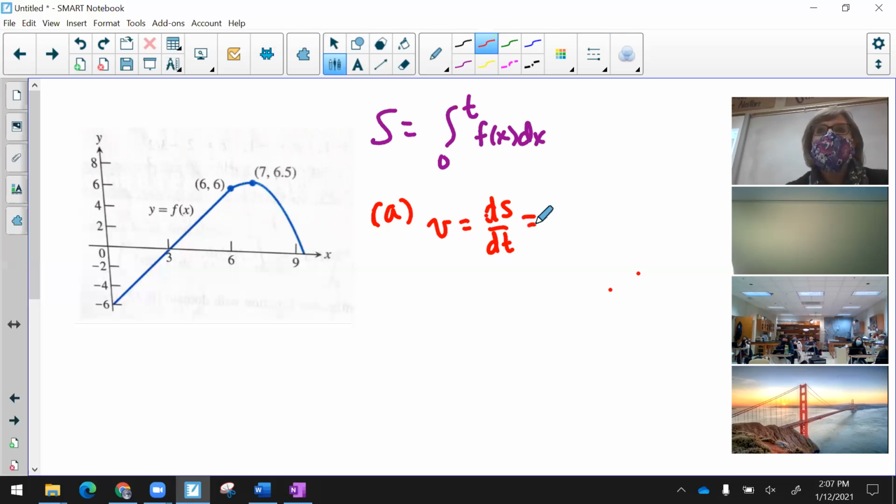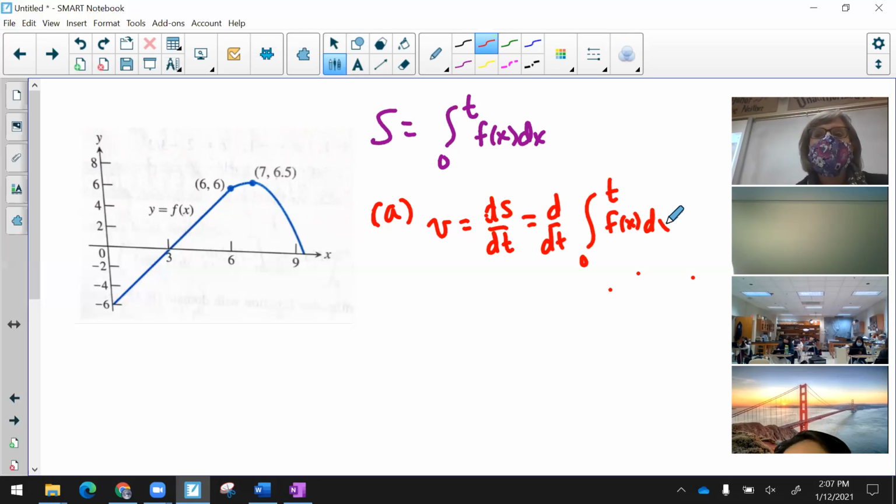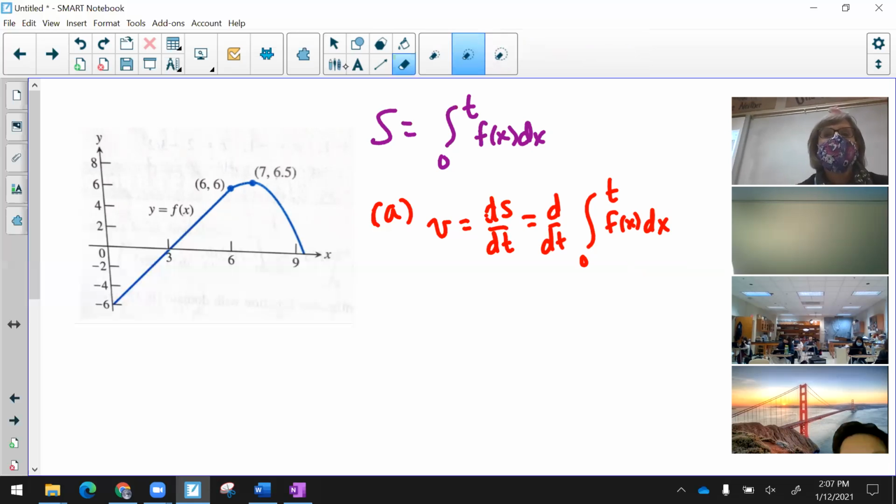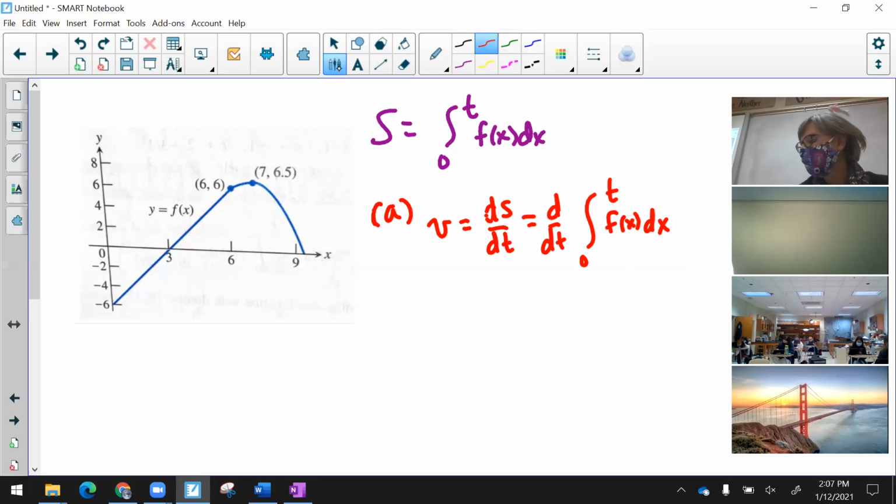I have a function for s. So that's going to be d by dt of my integral from 0 to t of f of x dx. What am I going to use to evaluate that?